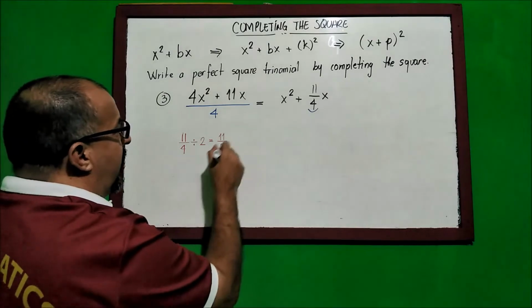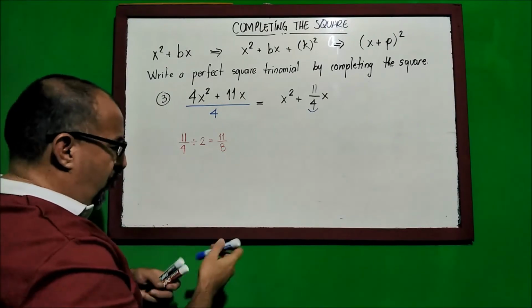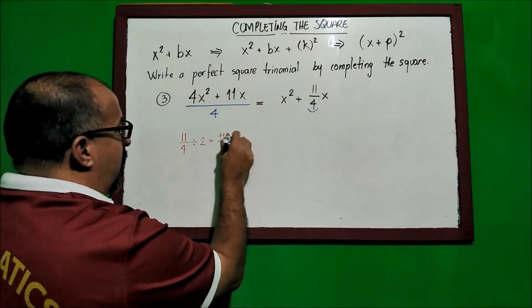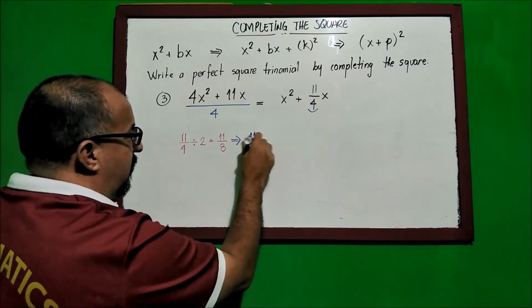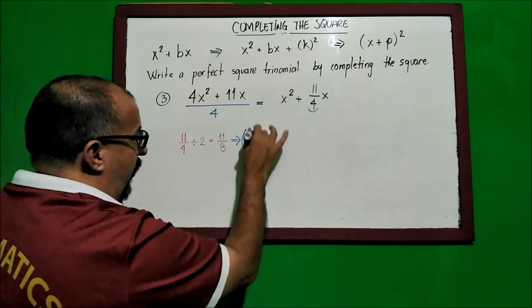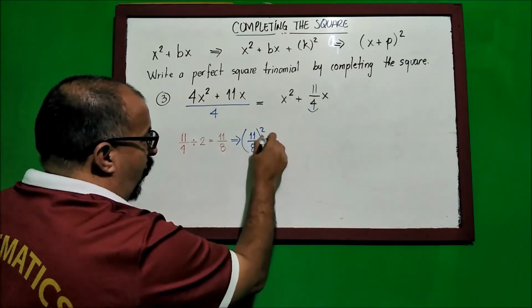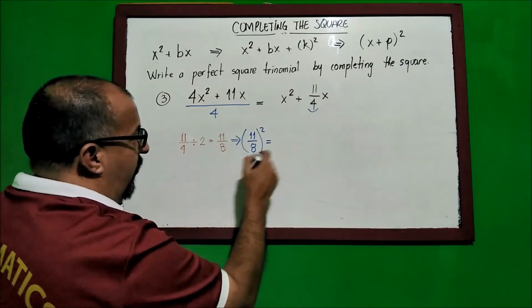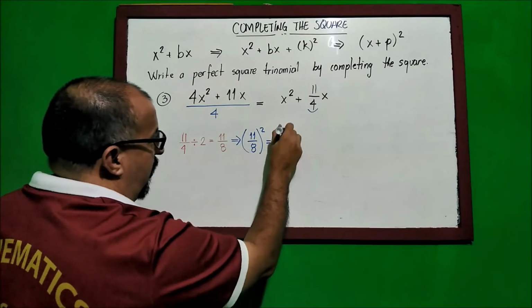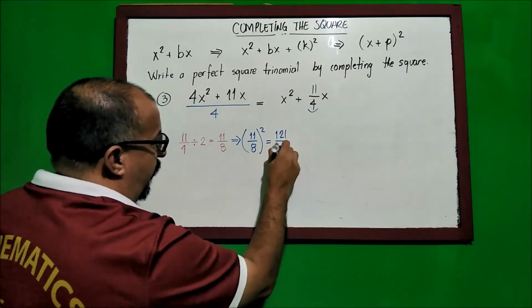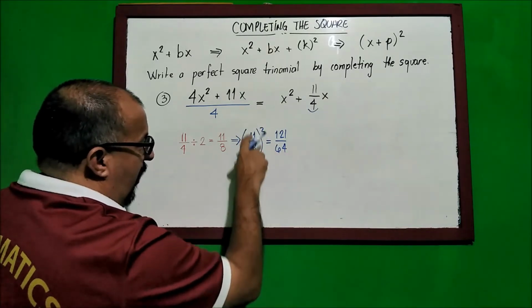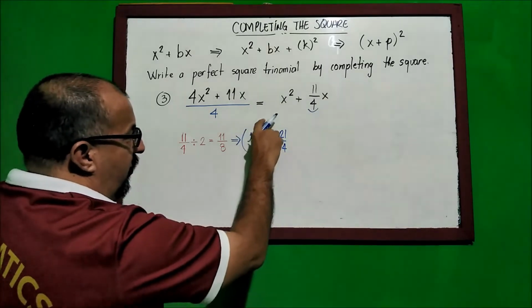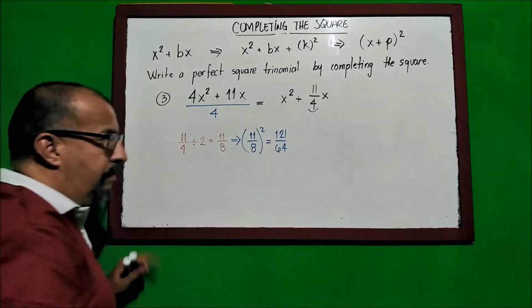Once I have the 11/8, then I need to square the value. So what we're going to do in here is take the 11/8 and square it. Once I square it, then what I have is 121/64 due to the property of powers of quotients, okay? 11 to the second power and 8 to the second power.